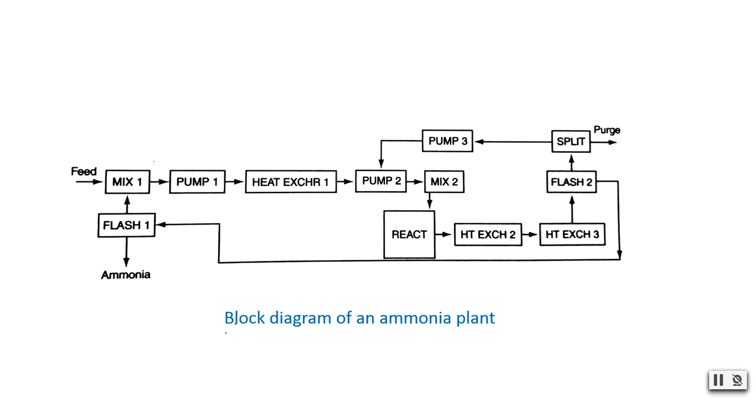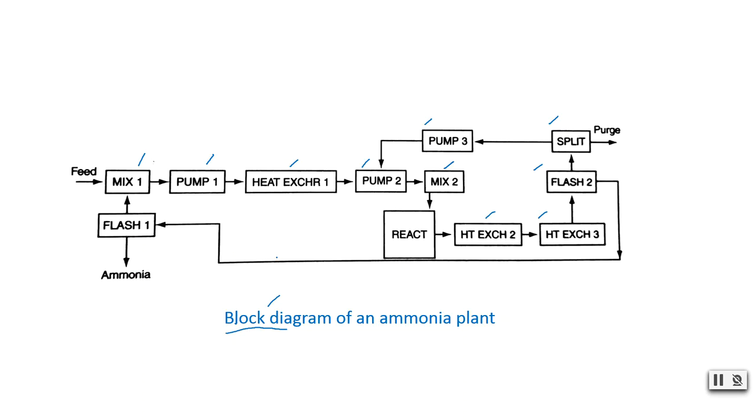However, at the same time, it can also be represented by the block diagram. Because it's a block diagram, all the processes involved will be in blocks, like what we have done in the previous example of the mass balance. This is one of the ways to represent the processes involved. To simplify things, most of the time we just draw the block diagram because it's more convenient for us.